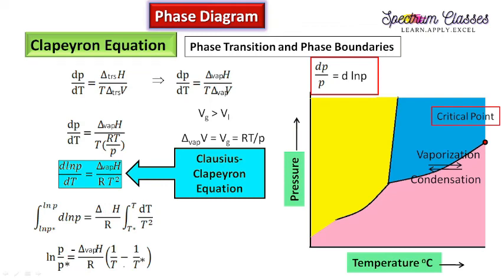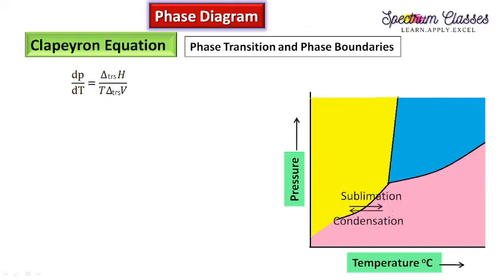So we get this value for the Clausius-Clapeyron equation, giving information about the liquid to gas equilibrium. Here we have the critical point, and beyond this critical point we cannot extend this curve, because no liquid is there anymore after the critical point, only vapors.